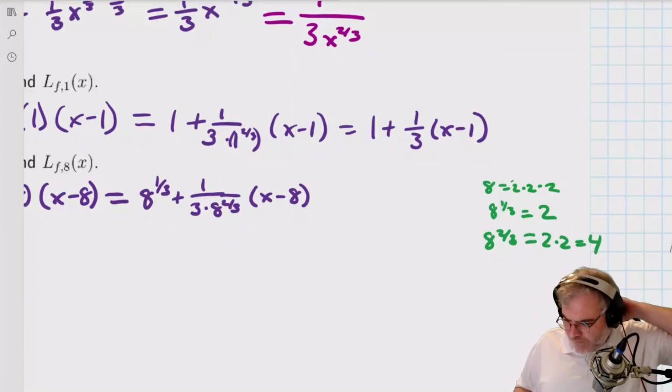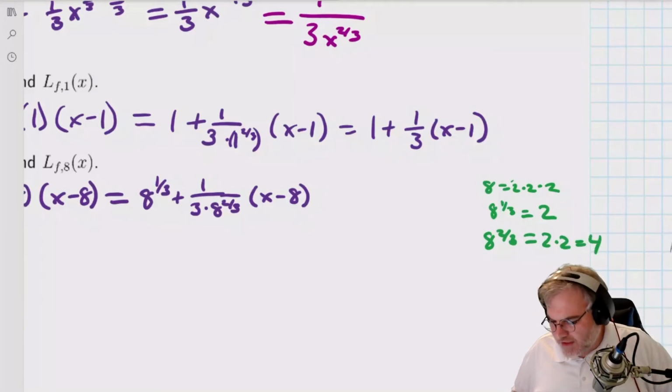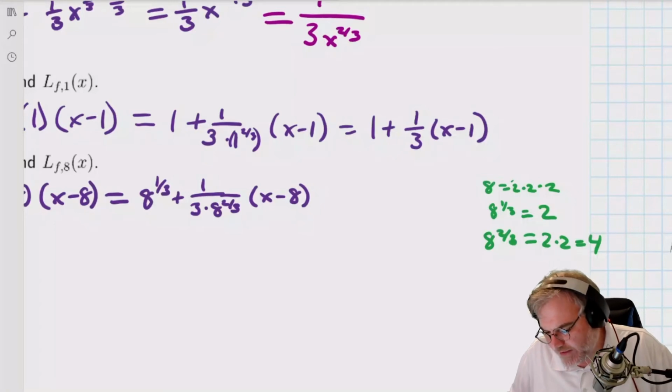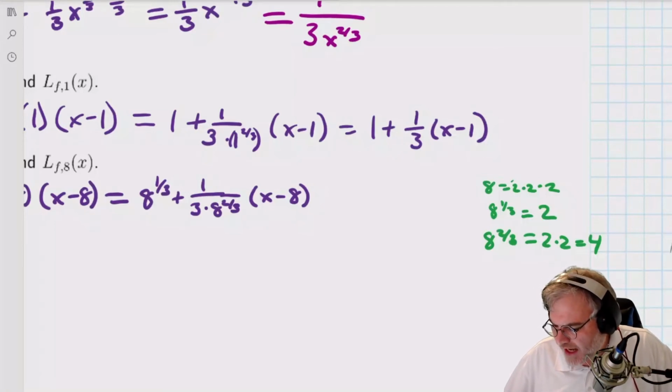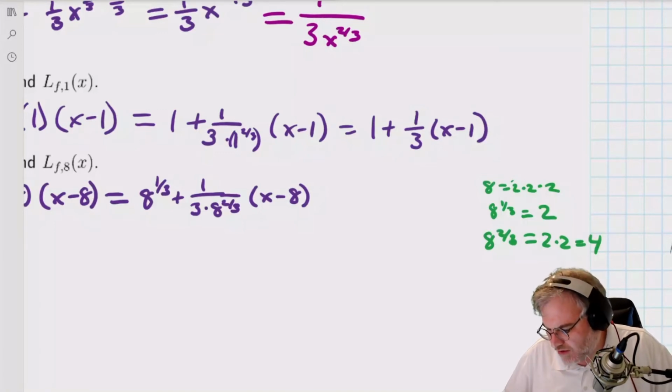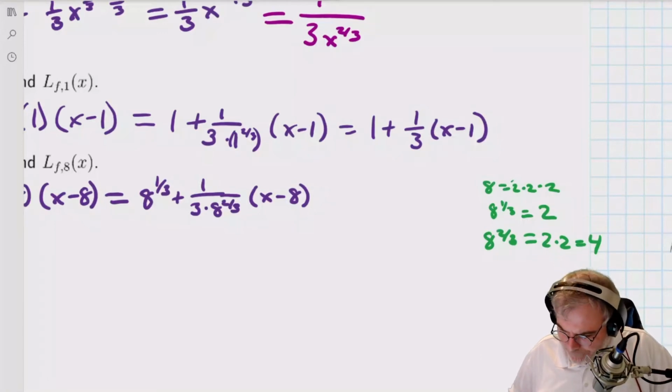That's why I find it faster to work in the exponential form, because I could skip the whole squaring of 8 and then taking its cube root, or taking its cube root, which is 2, and then squaring it. I mean, that's not a lot of work. But for me, knowing that 8 is 2 times 2 times 2, I want 1/3 of the 2's. Okay, that's 2. And I want 2/3 of the 2's. Well, that's 2 times 2, that's 4.